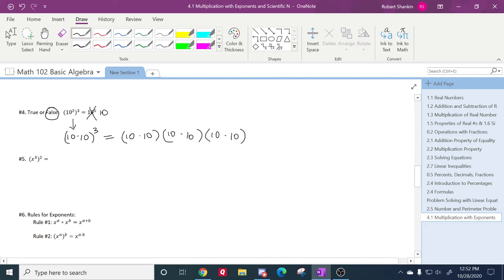Now these parentheses just mean multiplication. They're the same as having a dot in between. So now let's count up all the 10s. How many 10s do I have? 1, 2, 3, 4, 5, 6. So this is the same as 10 to the 6th.